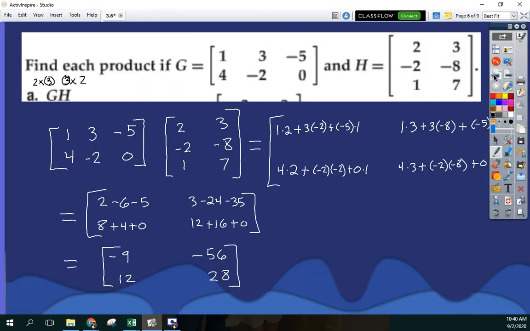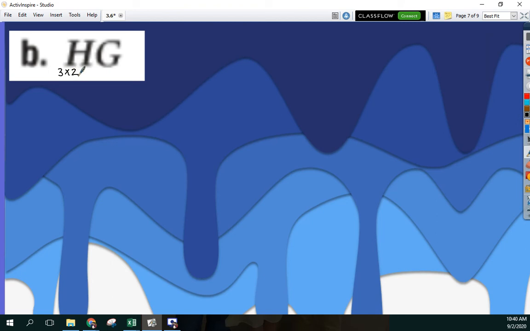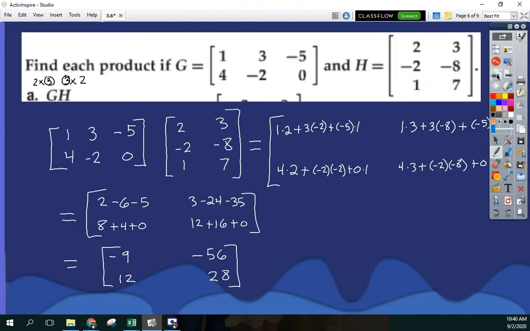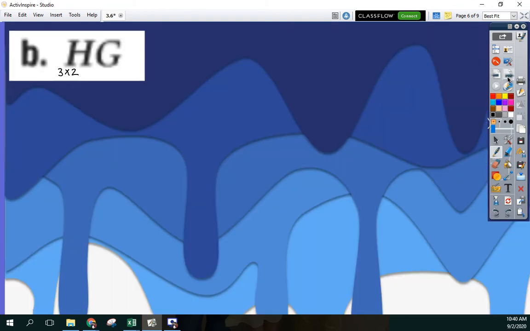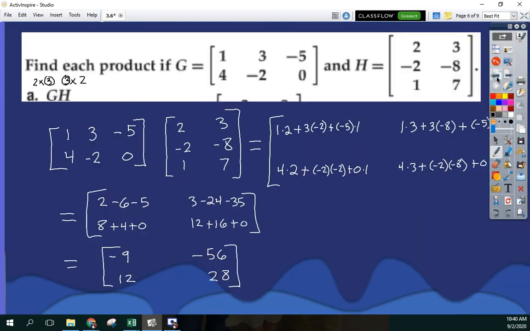So notice that H is a 3 by 2, and G is a 2 by 3. So those inner dimensions are the same, so we're okay to go ahead and do our multiplication. And notice though, this time we should end up with a 3 by 3.